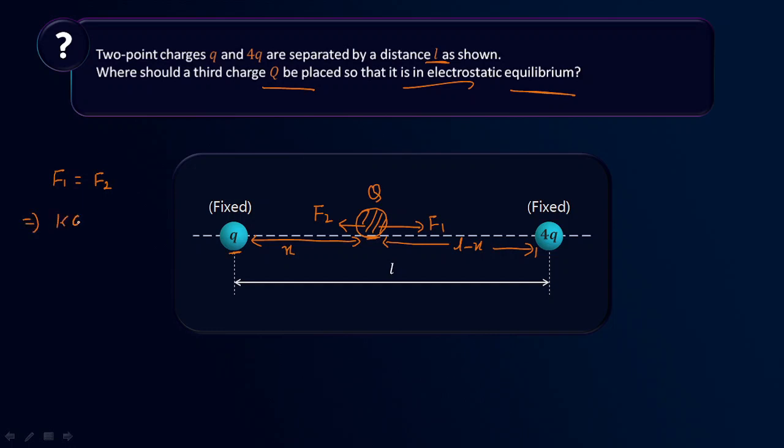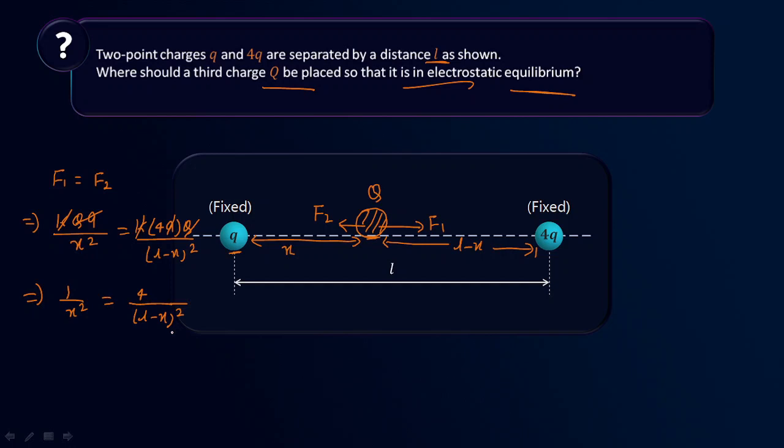F1 will be K Q Q divided by x square, that should be equal to K, now Q is how much? 4Q Q divided by L minus x square. Now K, Q, Q are common terms, they easily cancel every time. So we have 1 by x square equals 4 by L minus x square.